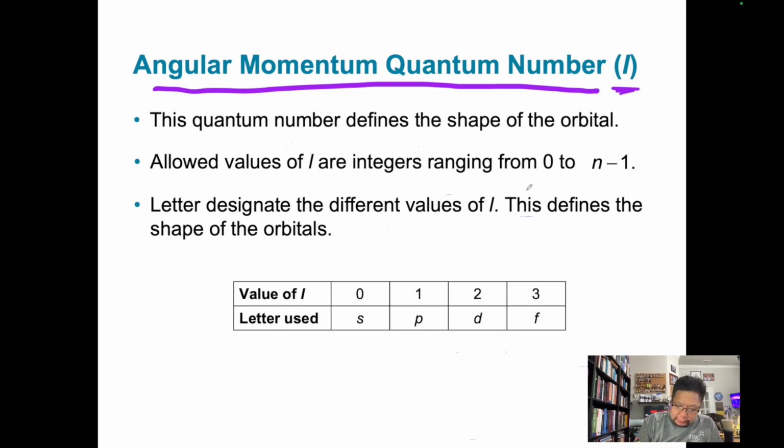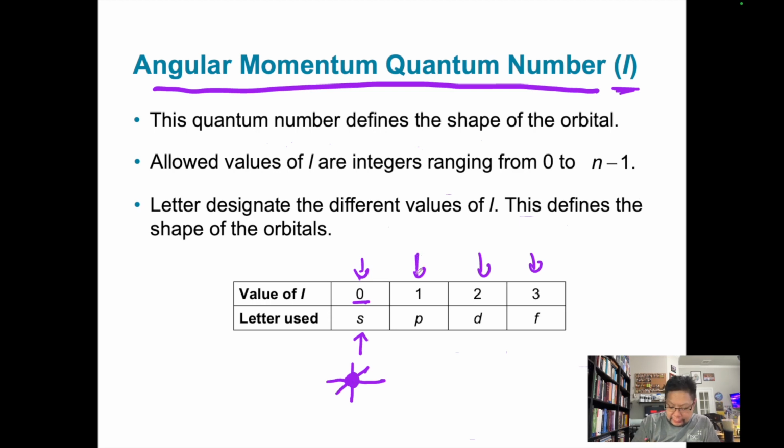Values of L can be 0, 1, 2, or 3. If you have an L of 0, then you have what we know as the s orbital, which is basically a sphere. If you were to put an atom onto a three-dimensional graph, the s orbital would be a sphere right in the middle.